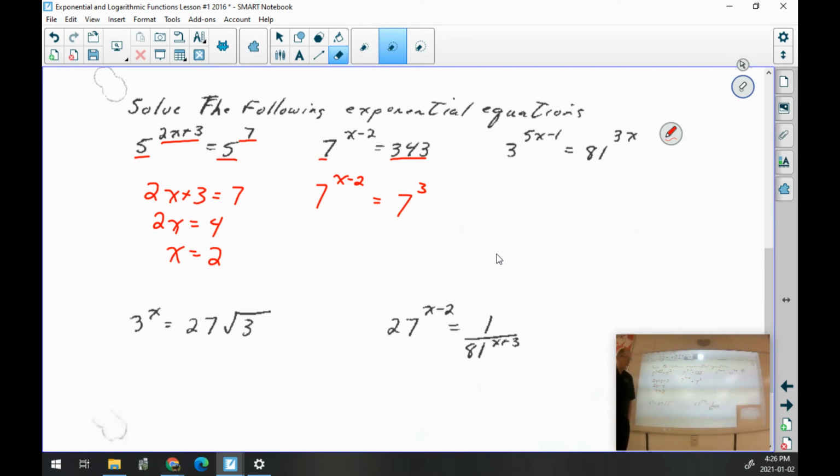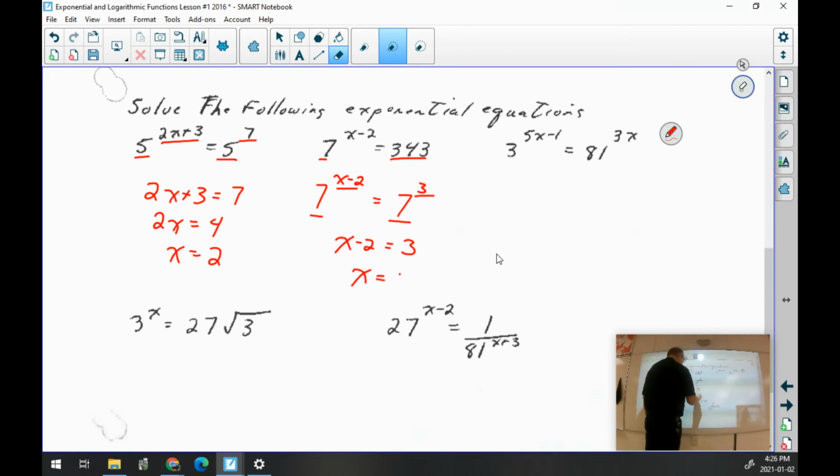So we have taken 343 and written it as a power of 7. That's the reducing of bases we talked about earlier. Our bases are the same, so this side is going to be equal to that side. Those guys have to be equal to each other. X is equal to 5. So 7 to the 5 minus 2, so 7 to the 3.